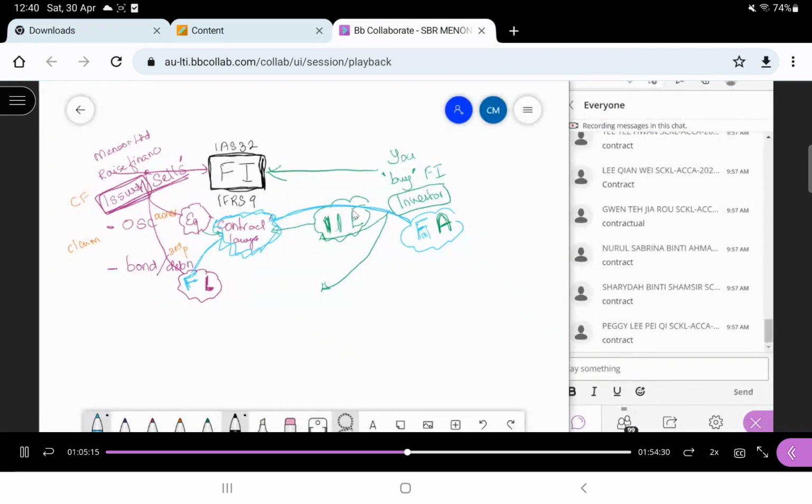What did I sell? I sell equity, you buy equity. My equity, your IIE. I sell bond or debentures, when I sell financial liability, that's your IID. Very good. Now come back and tell me. Financial asset can only be what or what? Hello?